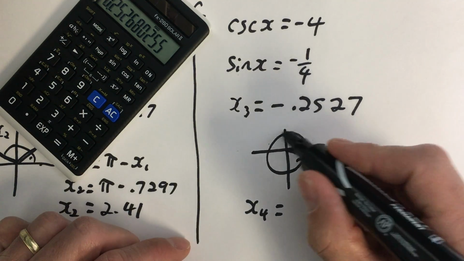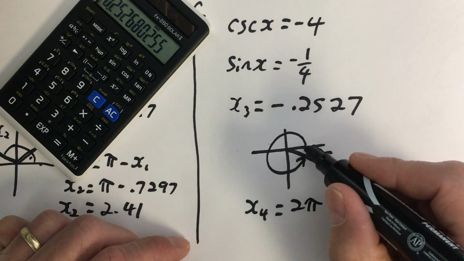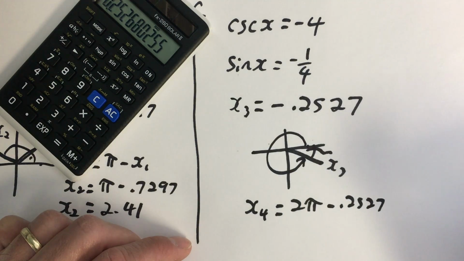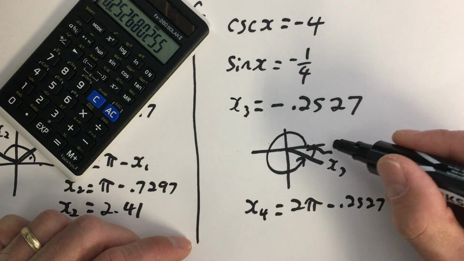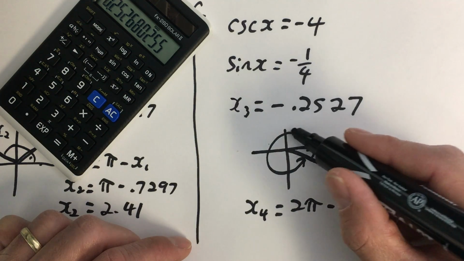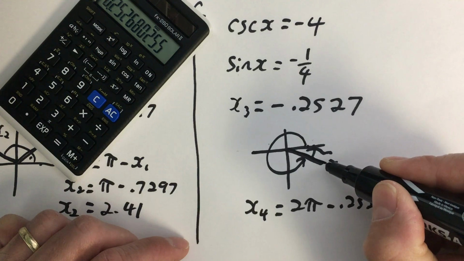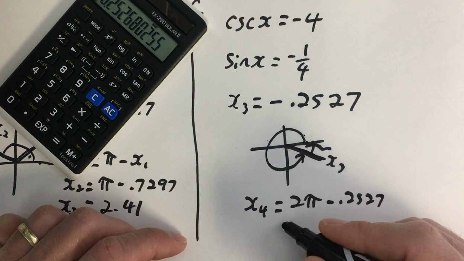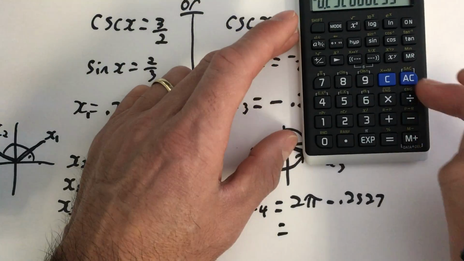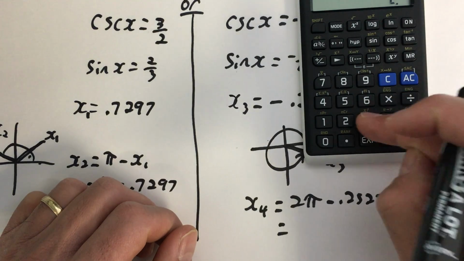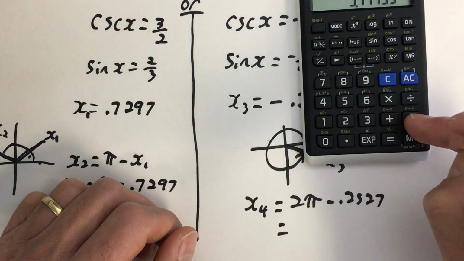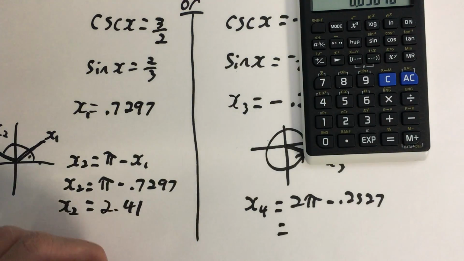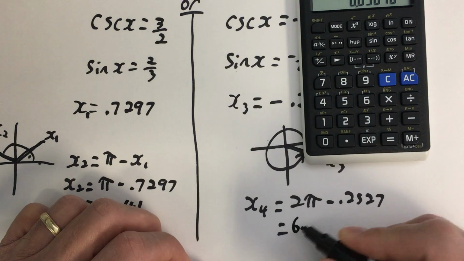And x4 is a full rotation, 2 pi, minus 0.2527 radians. x3 is 0.2527 radians down here. x4 gives us the same terminal arm, ends in the same spot, but this angle goes all the way around and then just minus that. So x4 is 2 pi minus 0.2527. So it's 6.03 radians.